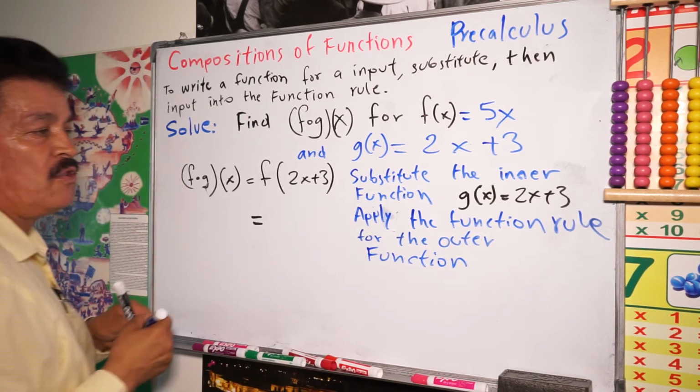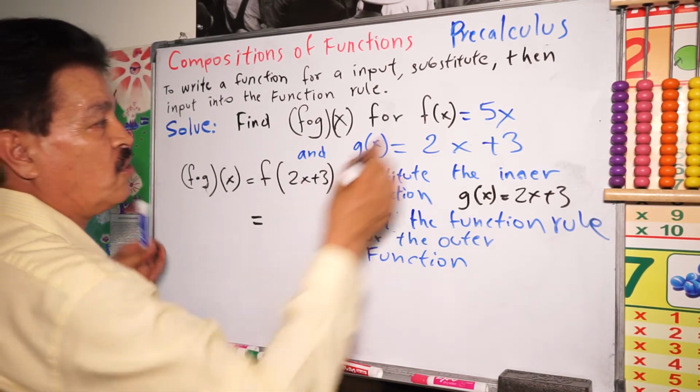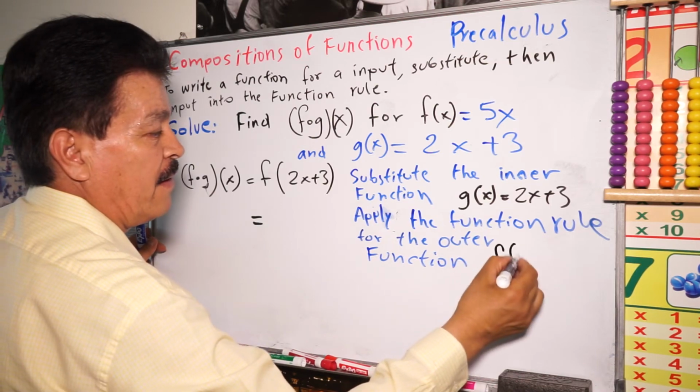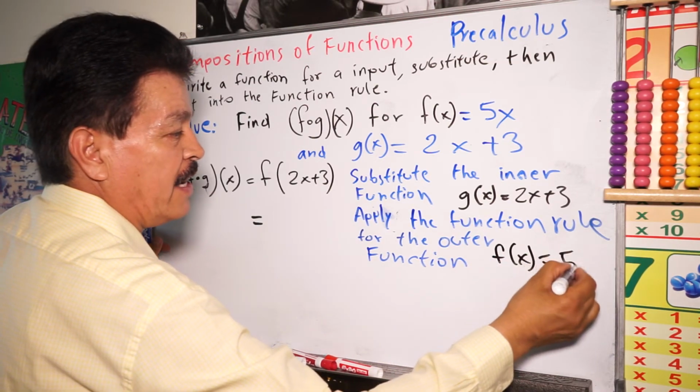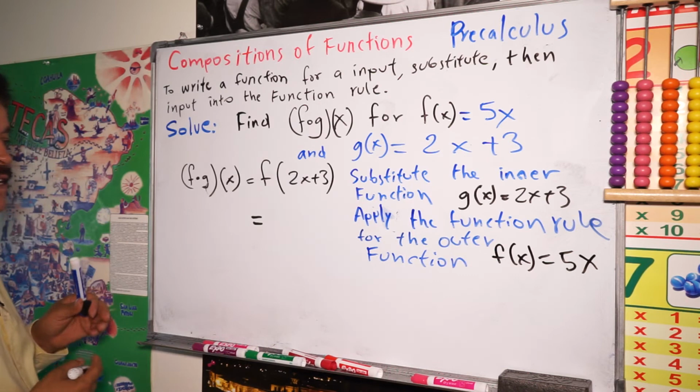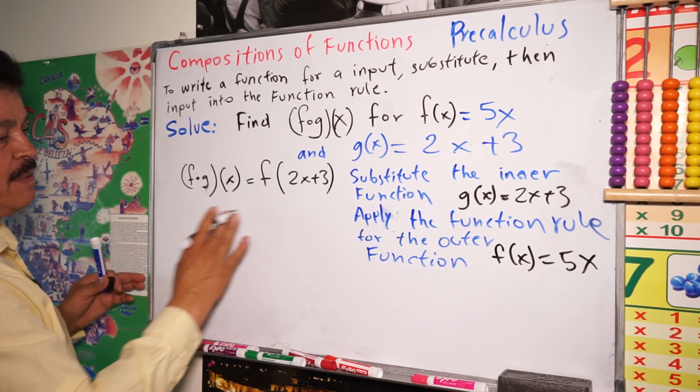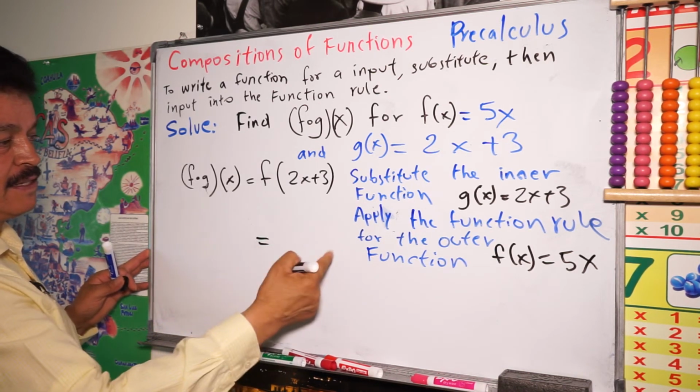Apply the function rule here. What is the other function? The other function is this one, f(x) equals 5x. So then this step is going to be this.